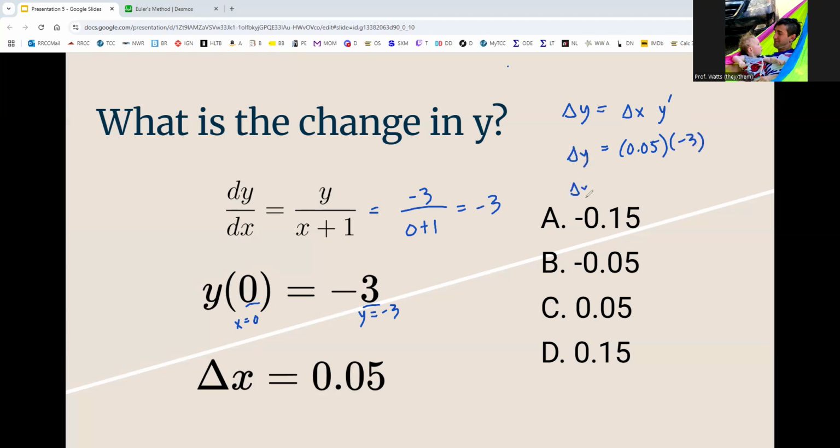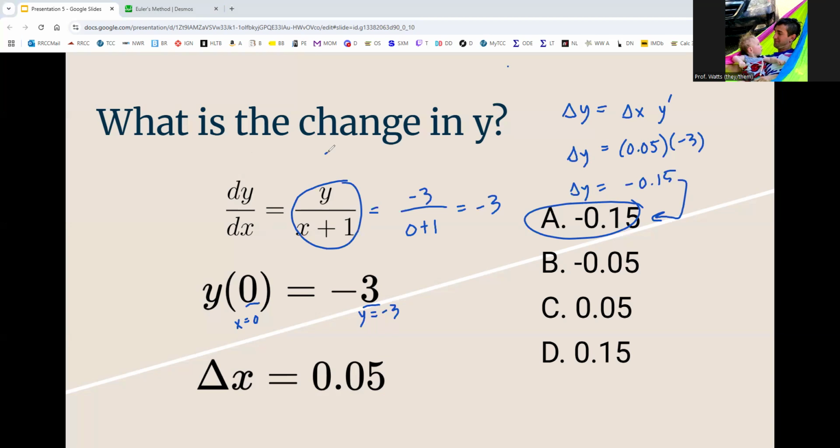So the change in y is the change in x, 0.05, times the derivative -3, or -0.105, which is a.